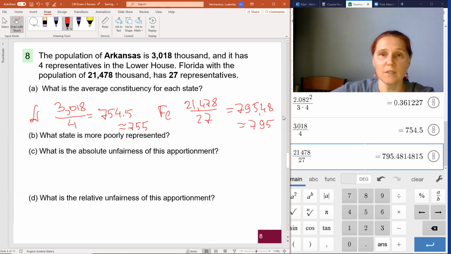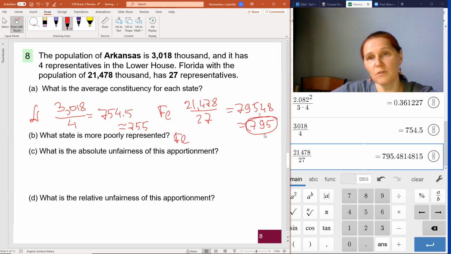Poorly represented means more people are represented by one person. So it is Florida. 795 is greater than 755. So one representative represents a greater number of people.